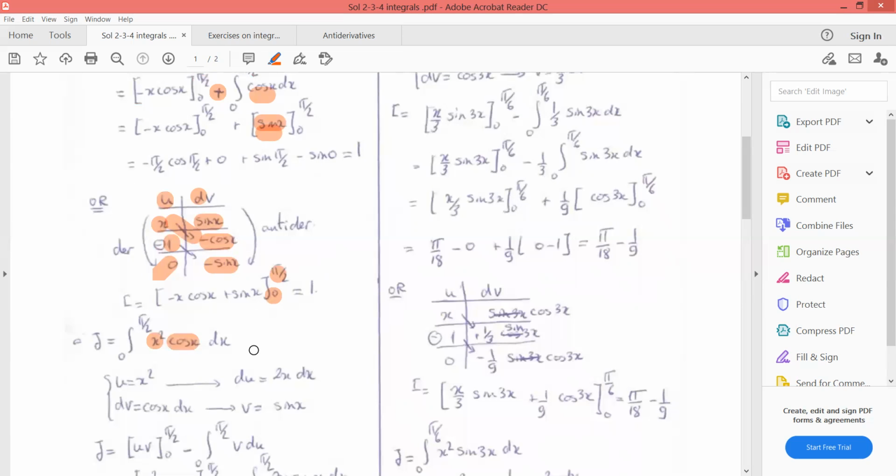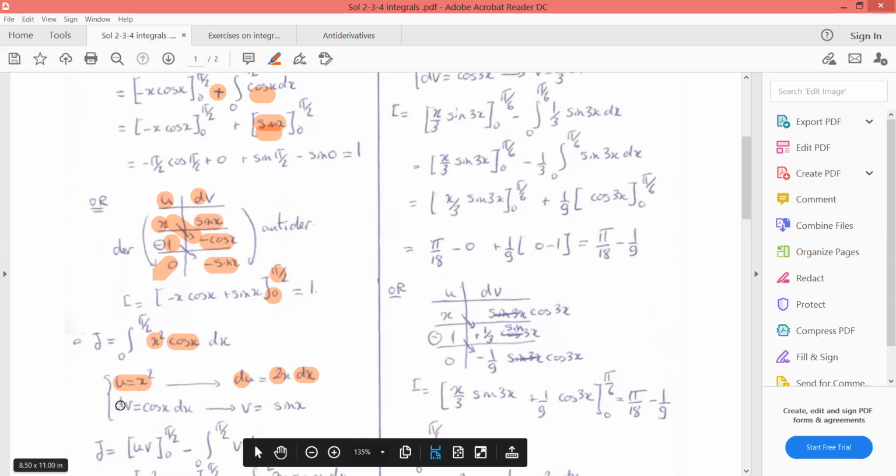So once again, I use integration by parts. Polynomial times trigonometric, I use integration by parts. I take the polynomial part as u equal x squared. Then du equals 2x dx. The derivative of x squared is 2x dx.